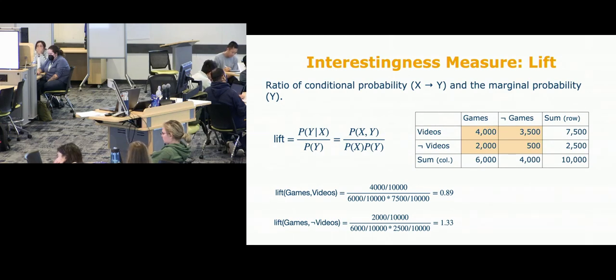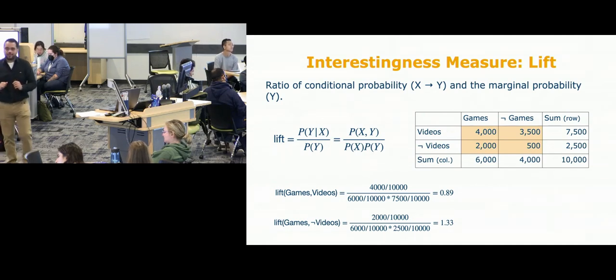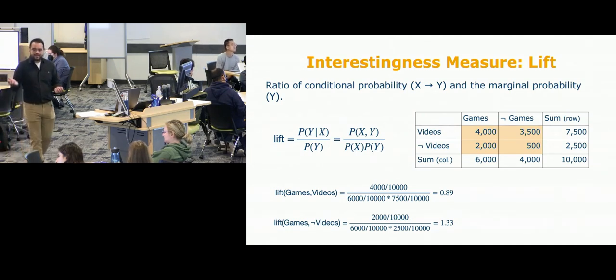So now let's compute the lift of the association rule games and videos. What's the numerator here? The numerator is P of x comma y. So we look at this 2 by 2 contingency table, and we look at videos and games. It's 4,000, so 4,000 divided by 10,000.